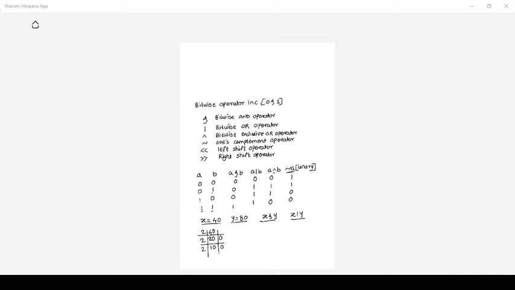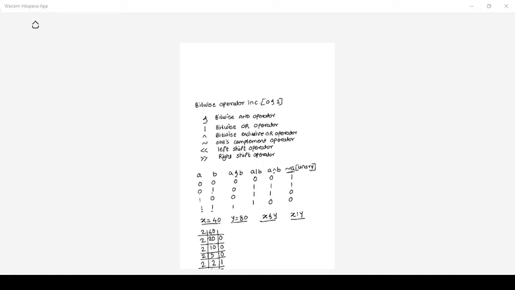Again divide by 2, you get 5 and remainder 0. Again divide by 2, you get 2 as the quotient and 1 as the remainder. Again divide by 2, 2 ones are 2, so you get 1 as the quotient and 0 as the remainder.